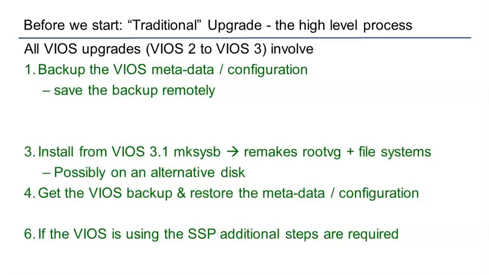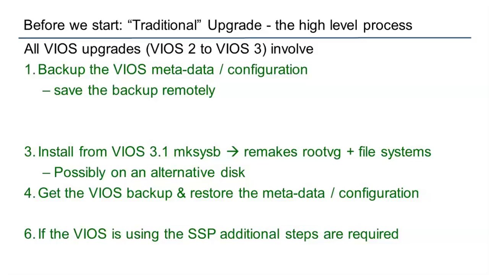Then we're going to install VoServer, in this case 3.1, via the mksysb, probably. And that remakes the root VG from scratch. The file systems are all brand new, and then plays in all the packages into the new operating system. Then we need to get the backup of the VoServer back onto the VoServer.